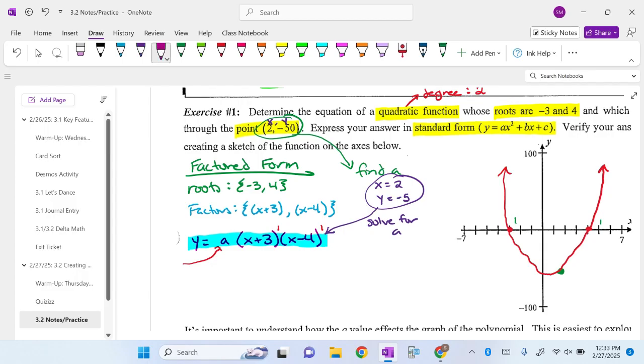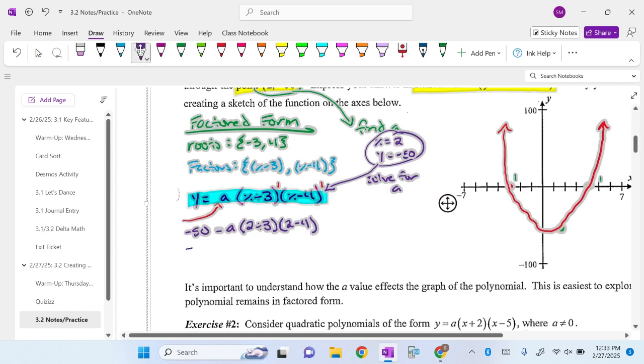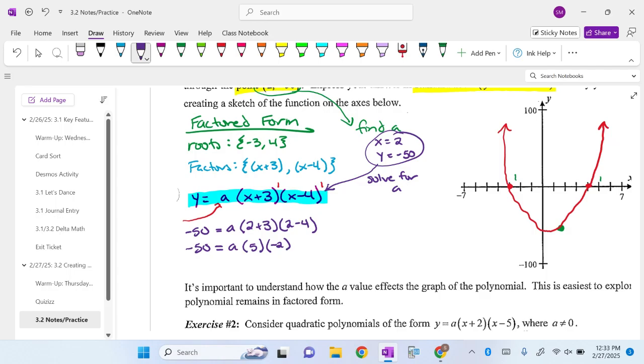So I have negative 50 is equal to a times 2 plus 3 times 2 minus 4. So let's do some simplifying before we get into the solving part. So negative 50 is equal to a times, what's 2 plus 3? 5. What's 2 minus 4? Negative 2. So this would be negative 50 is equal to a times negative 10.